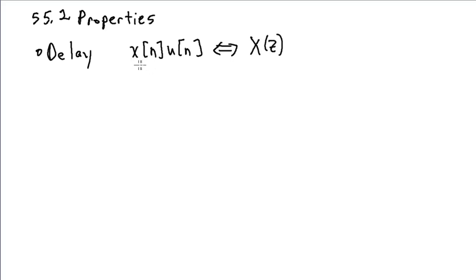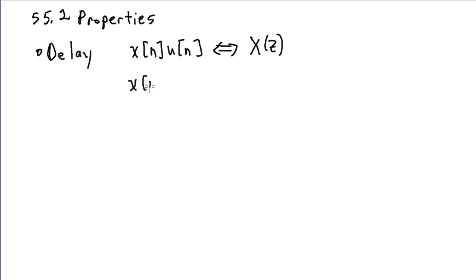Again, x of n here may be infinite in duration, but we're only dealing with causal sequences, so we can multiply that by u of n to apply our Z-transform.